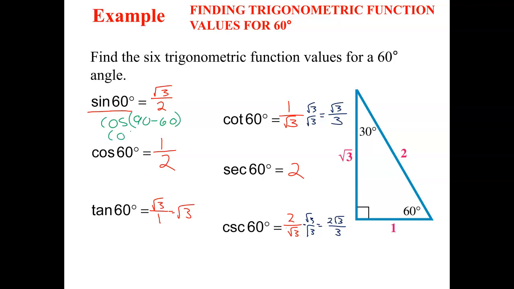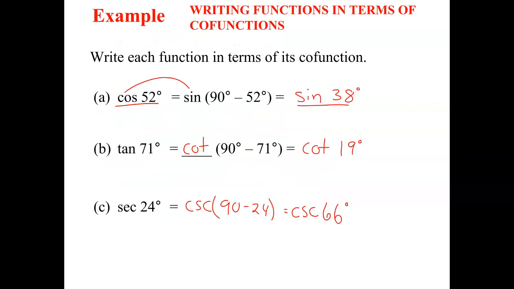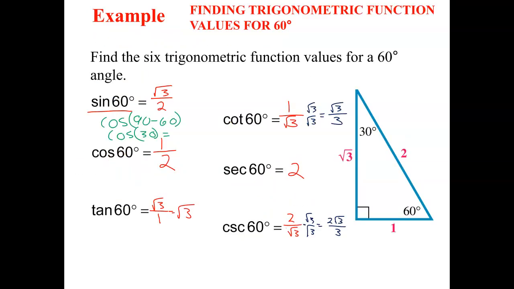I know cosine of 30. What's cosine of 30 then? If these are cofunctions, what's cosine of 30? Go back to this. That's cosine of 60. What's cosine of 30? Root 3 over 2. They're cofunctions. So 90 minus 60.